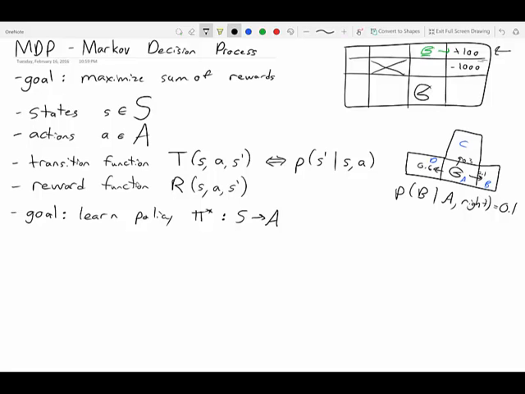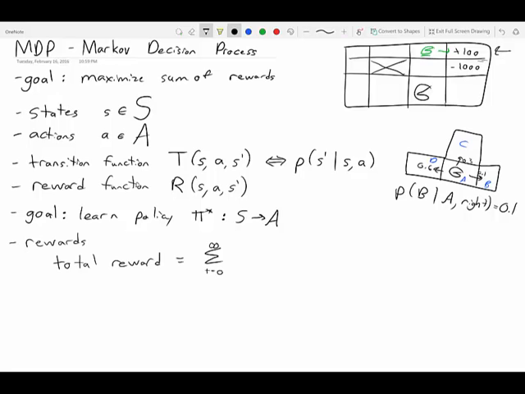Okay, so now we should actually talk about rewards and what the goal of pi star is. For rewards, what makes the most sense is to talk about the total reward. So the total reward is the sum over all time, from 0 to infinity.